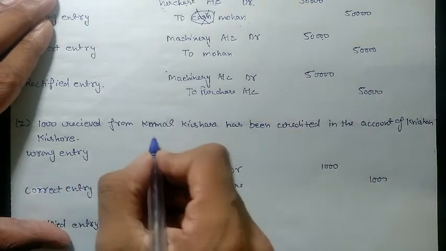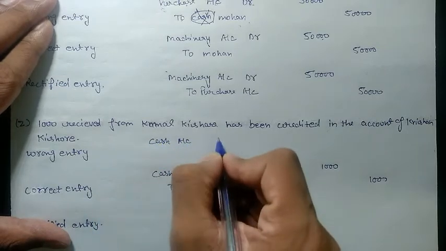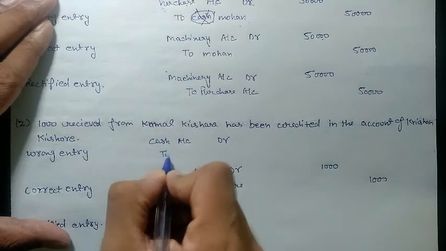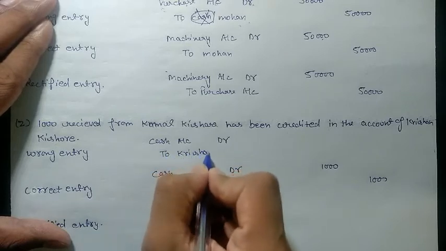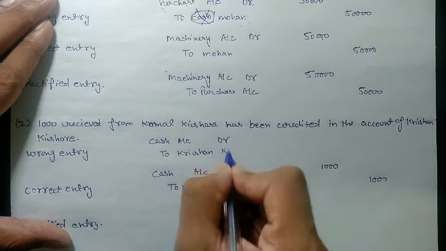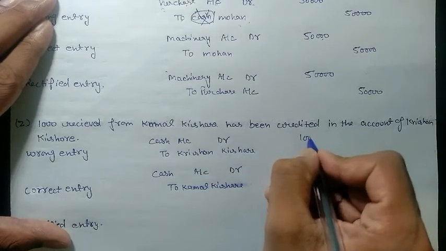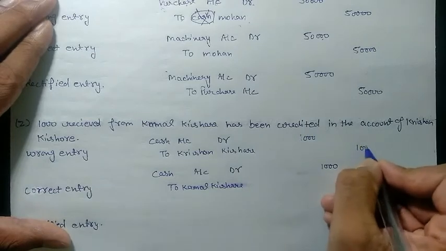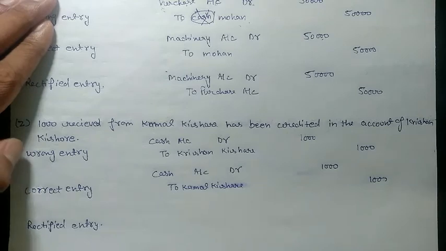The wrong entry that we made is cash account debit to Krishan Kishore by 1000.